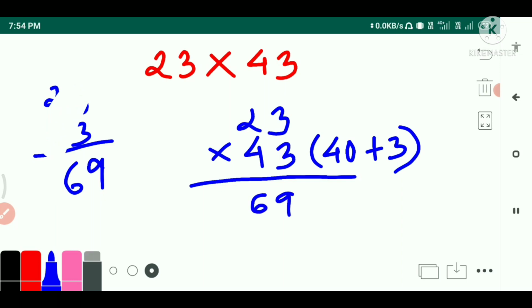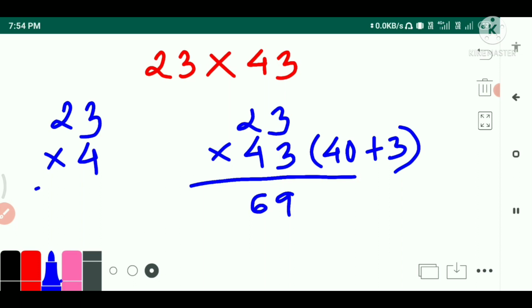Now we'll multiply 23 with 4. Why 4? Because it is in tens place, right? 40 is there, so we'll see only the numbers.